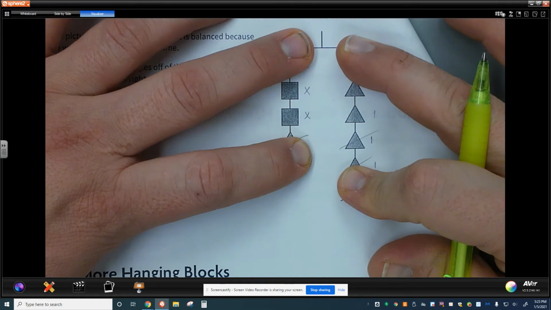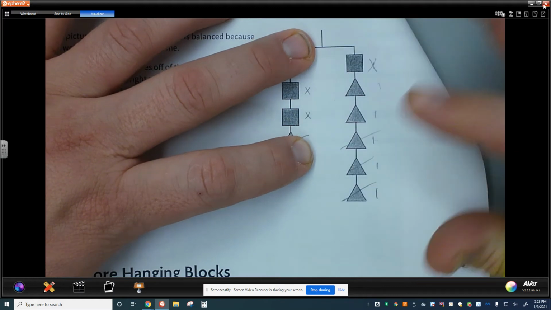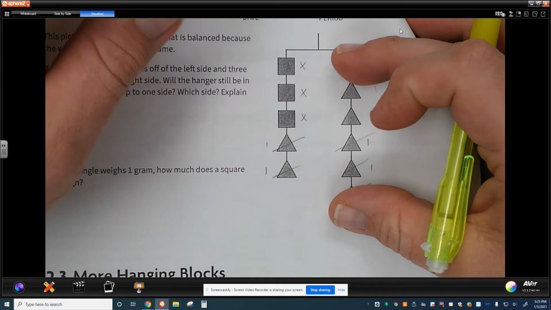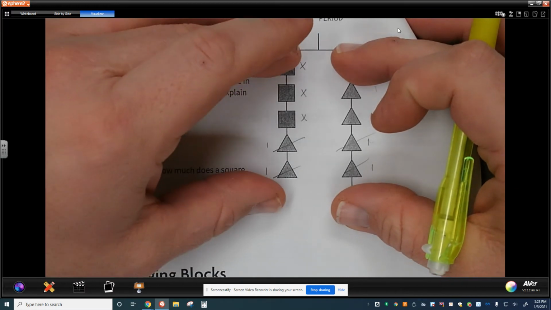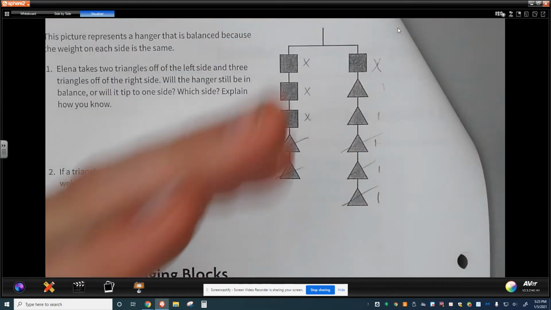I can see the same result, and what we're working towards is writing and solving equations that represent the same thing. So my conjecture is that the way to keep these equal to each other is by taking off equal amounts or adding equal amounts to both sides.